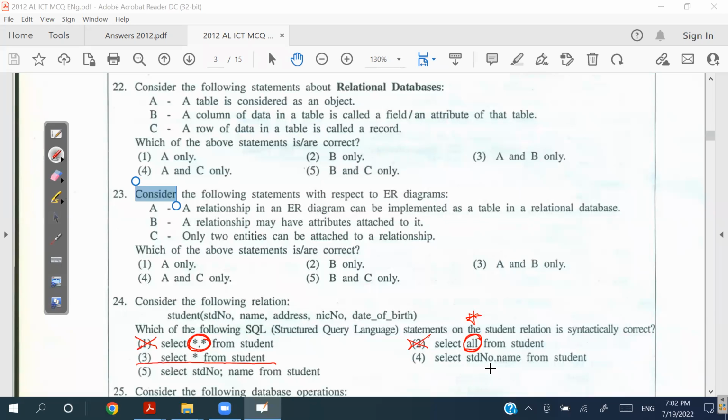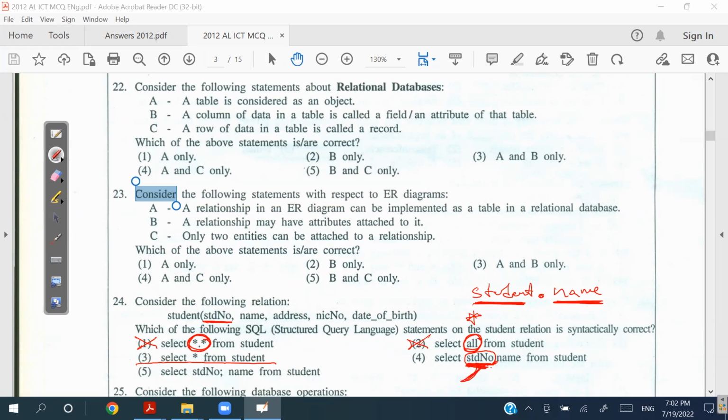Here it says select std number dot name. No, std number is a column name. This should be a table name. With the dot, if we want the name of student, we write the table name student, dot name. So this indicates the student table's name attribute, or the name column. Now here it says student number dot name.